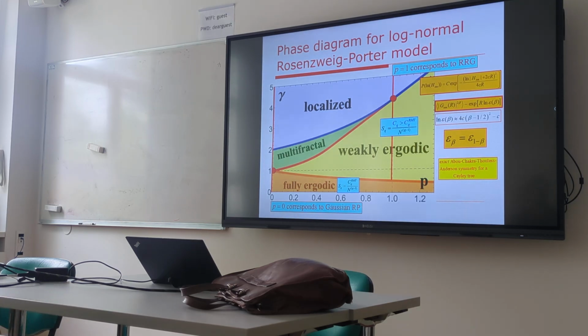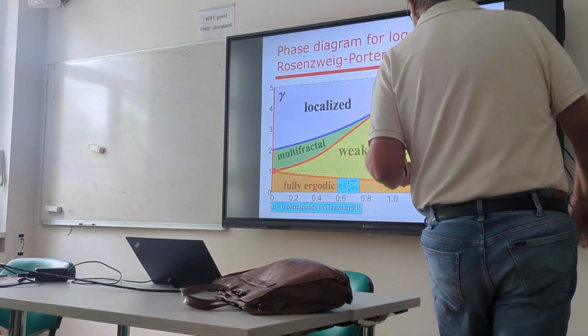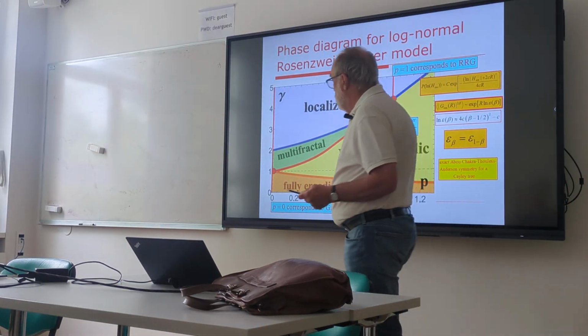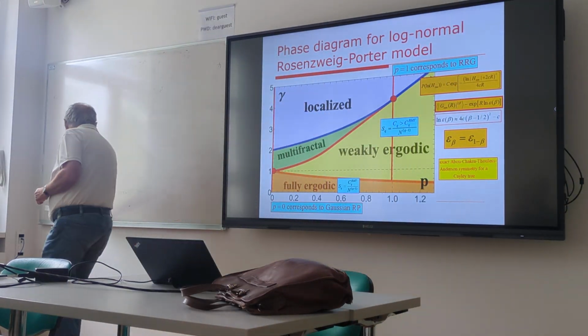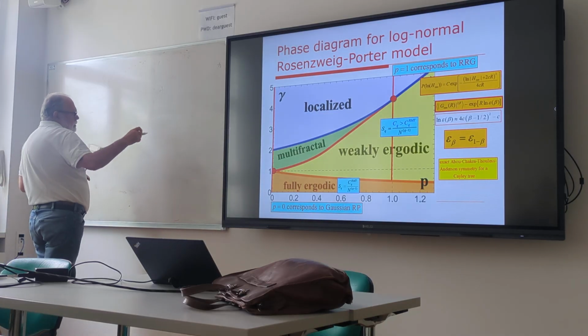Okay, sorry, so I understand. I mean the moment, of course, the moment of the wave function, what people call IPR. I mean, it is not IPR because q could be different from 2. Okay, general. Yeah.